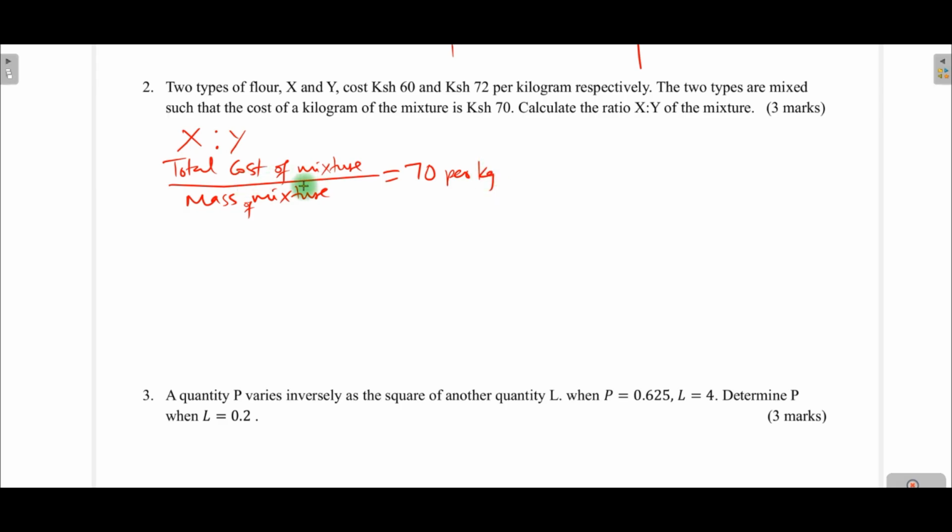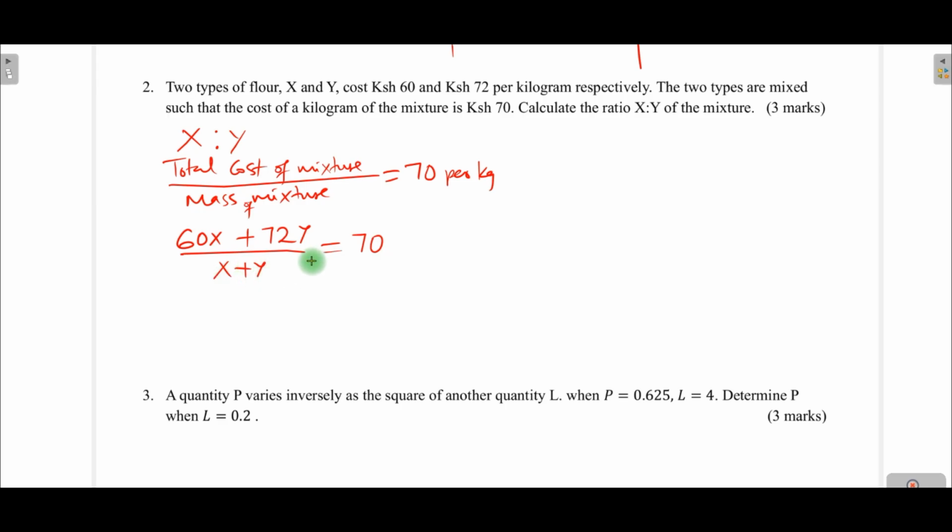So since we have said let the ratio in which they are mixed be X:Y, the cost of type X will be 60x. The cost for type Y will be 72 times y, so plus 72y. Then the total mass of the mixture, since they have been mixed in the ratio X:Y, is x plus y, so it will be equal to 70 shillings per kilogram.